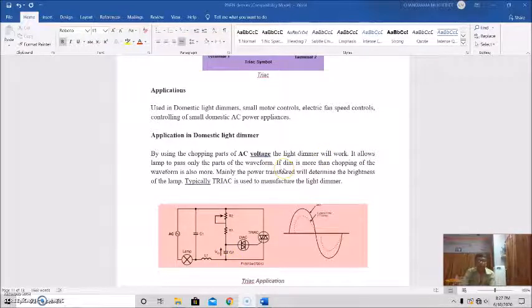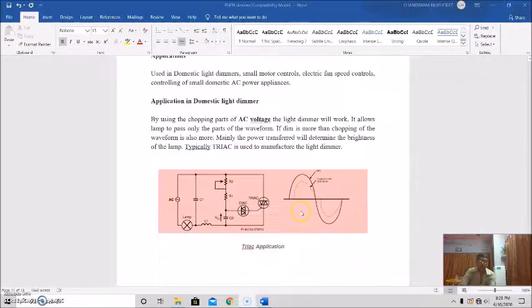By chopping part of the AC voltage, the light dimmer will work. It allows the lamp to pass only parts of the waveform. If the dimming is more, the chopping of the waveform is also more, and mainly the power transfer will determine the brightness of the lamp. So typically TRIAC is used to manufacture the light dimmer.